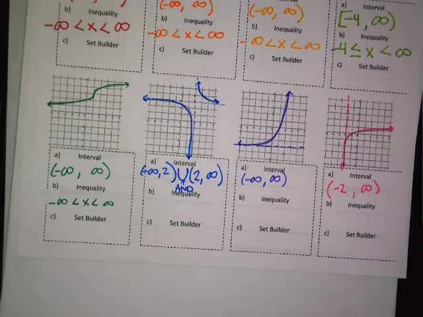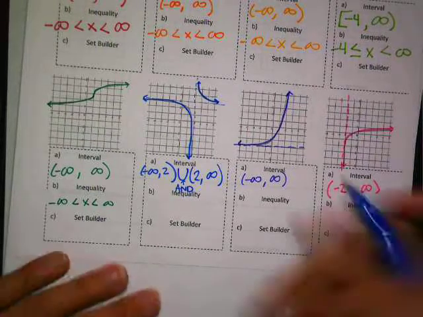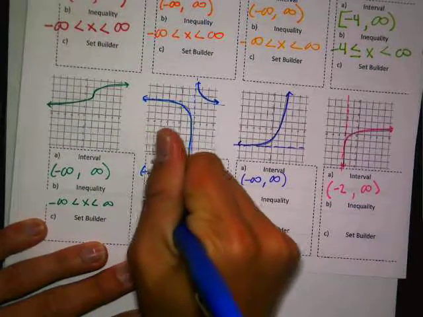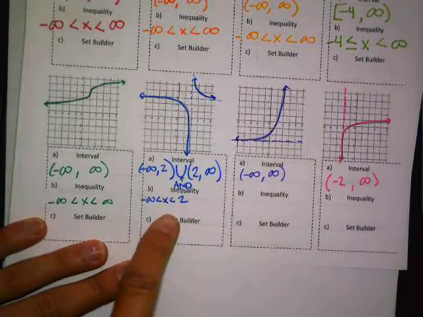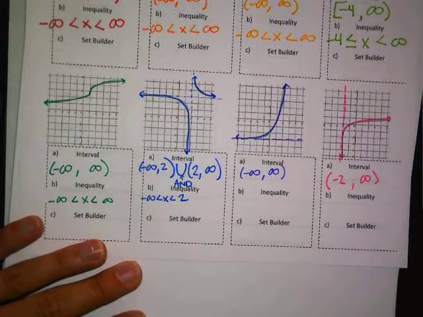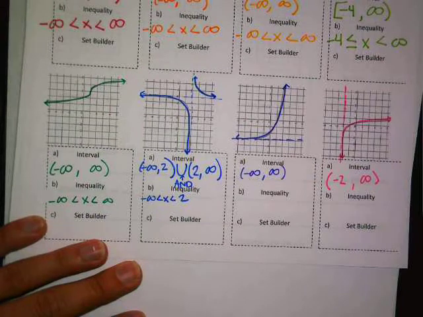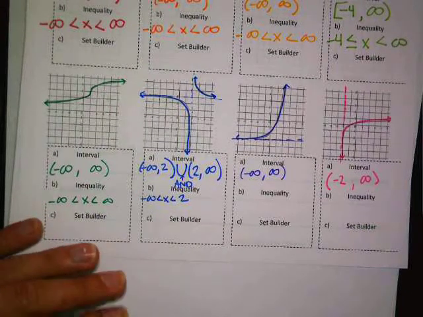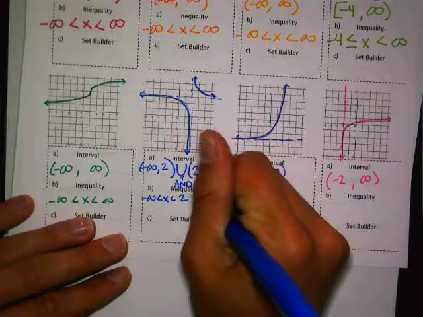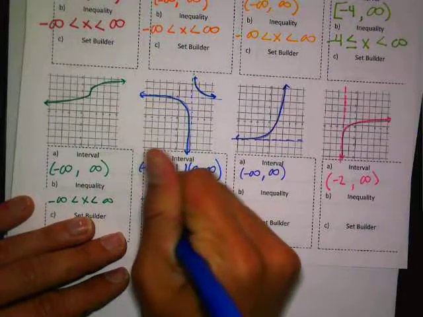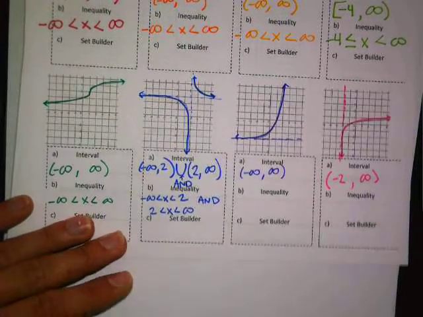Okay, for the rational function, once again, how many bananas do I have? 2. How many inequalities am I going to have? 2. Very good. So negative infinity, less than x, less than 2. Does that get a bar? No. Why? Because 2 is not included. Very good. 2 is not included. It's an asymptote. It is not a point. And the other one, 2 less than x, less than infinity.